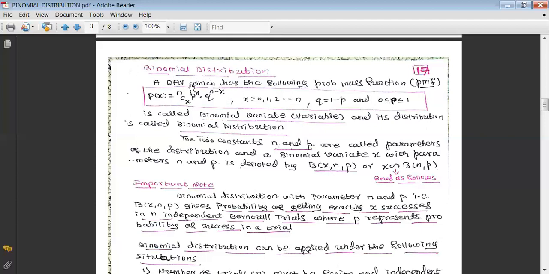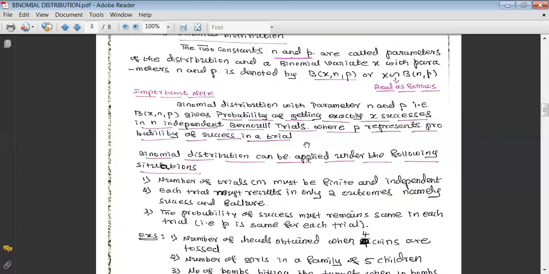Once we notice this distribution carefully, it has two constant values, namely n and p. And we cannot say that q is one more constant, because q is the notation that stands for 1 minus p. If we replace q by 1 minus p, we observe only two constants, namely n and p, and they are called the parameters of the distribution.